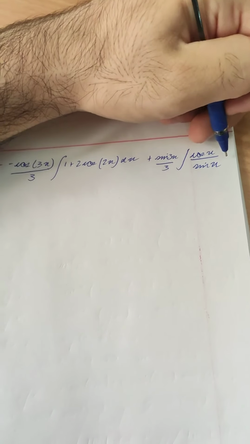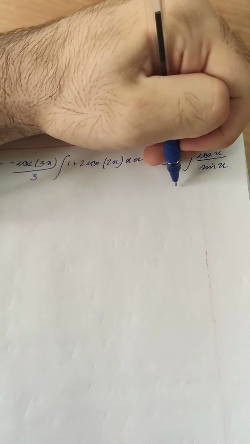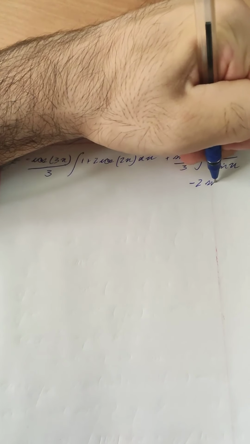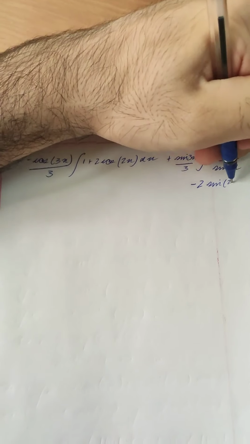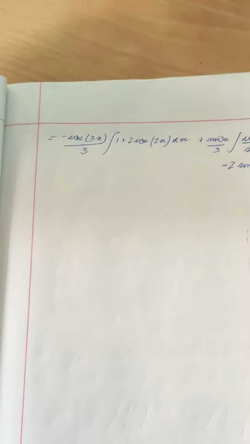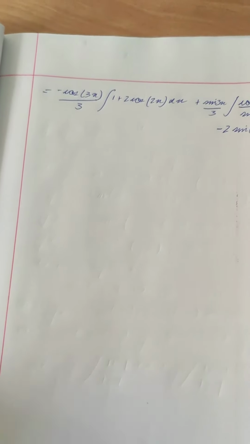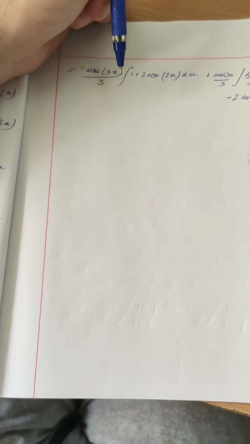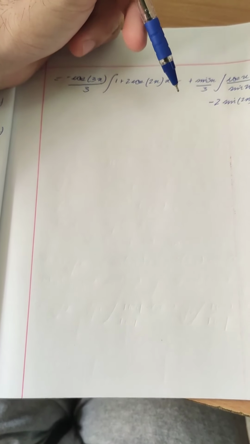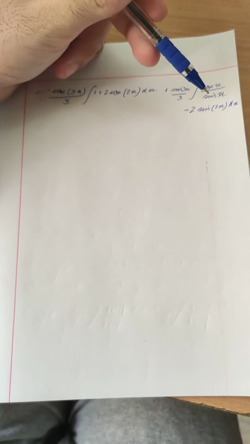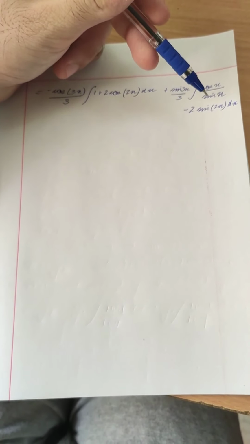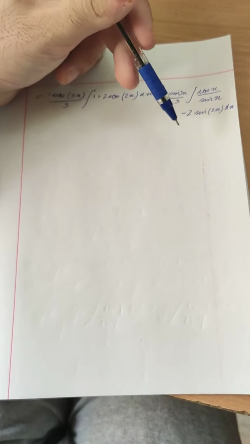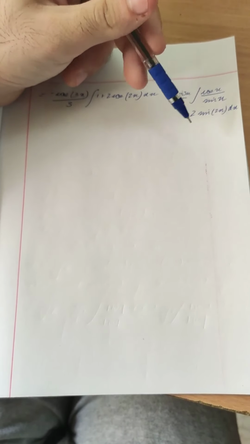Now here should be another term, but since there is no space I am writing it below, minus 2 sine 2x dx. Let me just check. This seems to be correct. Then sine 3x integration of cos x by sine x upon minus 2 sine 2x dx.